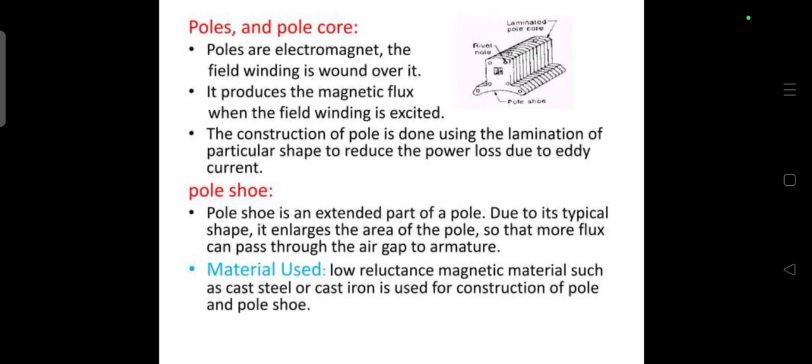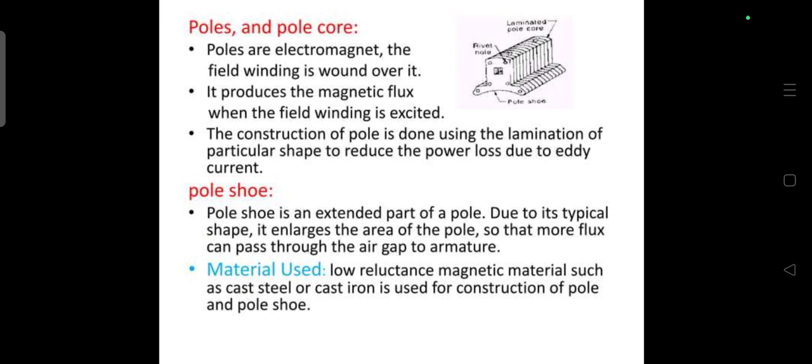Then the second main part is the pole and pole core. Poles are electromagnets. Electromagnet means if the supply is given to the coil, it acts as a magnet. That is called the electromagnet. The field winding is wound over it.